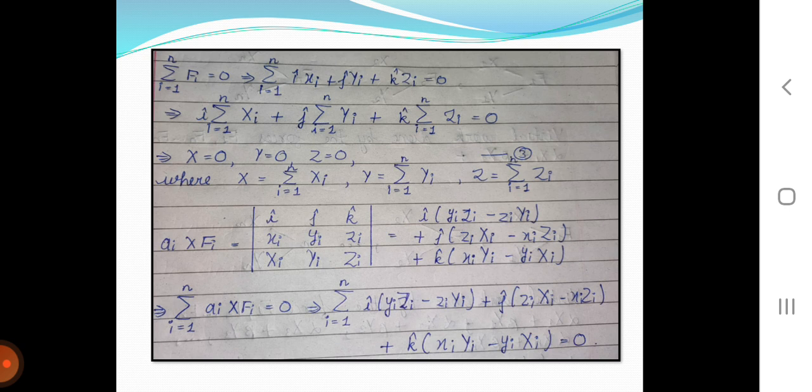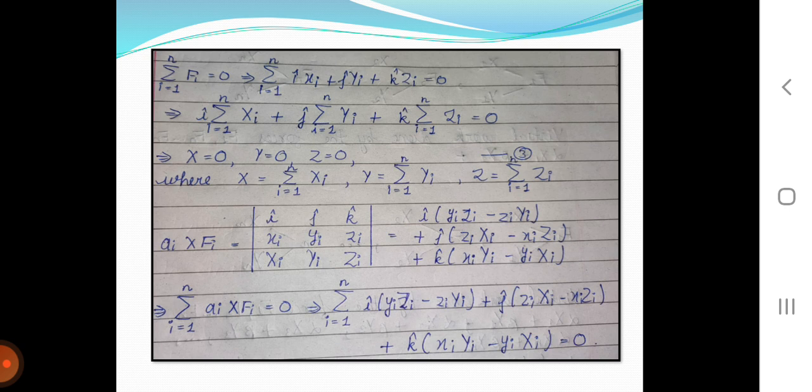So having the cross product of ai cross fi, we get i cap, j cap, k cap in the first line. In the second line we will write xi, yi, zi. In the third line we will write capital Xi, capital Yi, capital Zi.